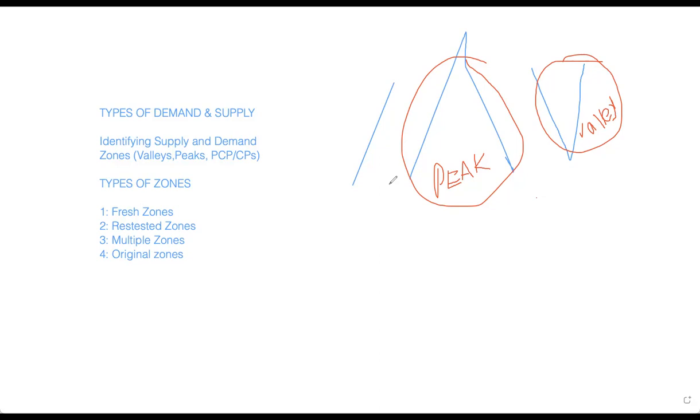And mostly at the peaks, you will find something we call supply, right? Remember, we are trading supply and demand. Supply, you'd always find most of the time at the peaks, and at the valleys, you'll always find what we call demand.